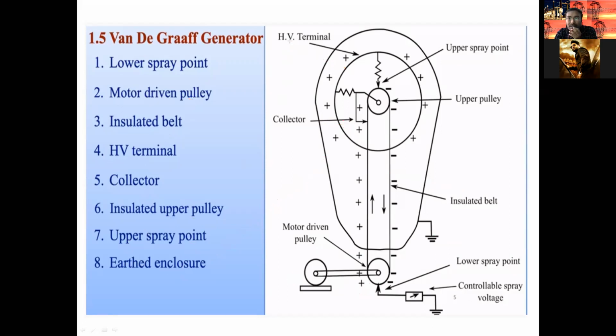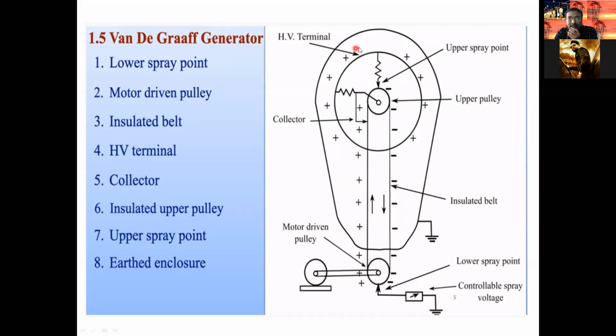It's clear. Understood. This total experiment is placed in the enclosure because, if you want to generate very high voltages, the surrounding air is ionized and the positive charges are easily discharged into the air. To avoid that, we are using the earthed enclosure. The earthed enclosure is filled with dielectric gas type materials, that may be neon, nitrogen, freon, SF6.